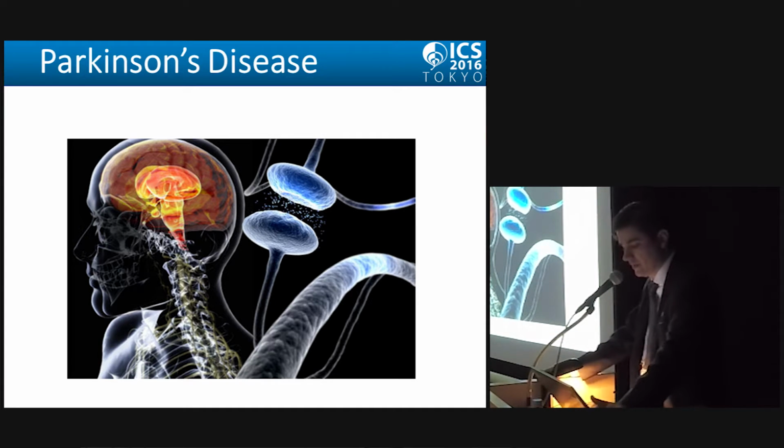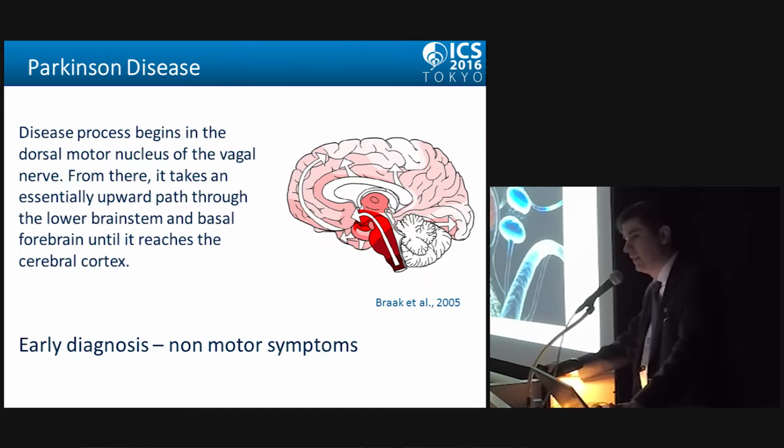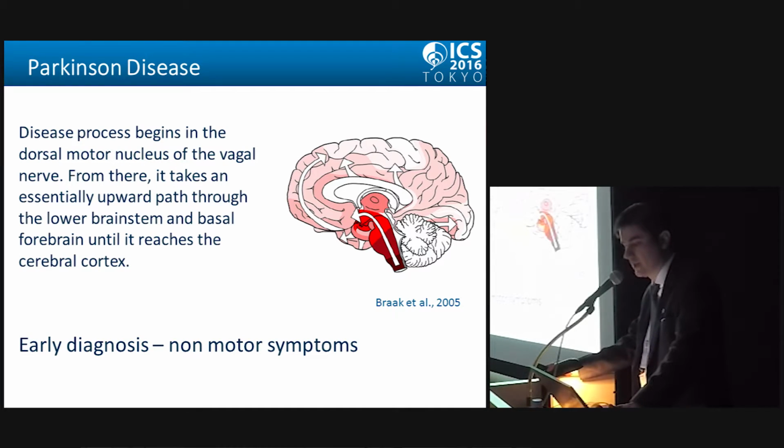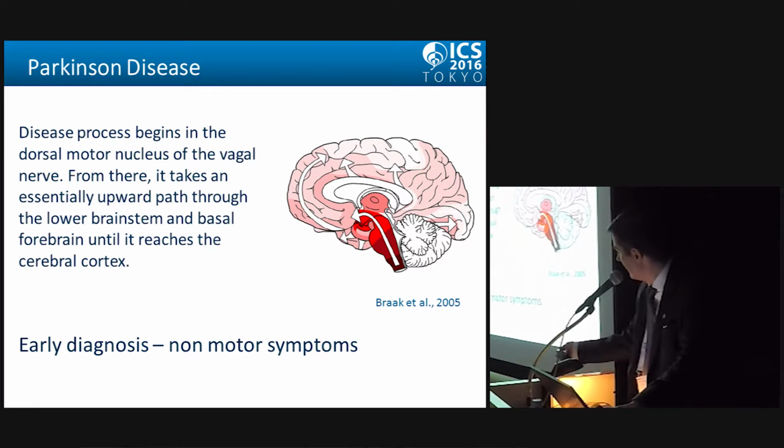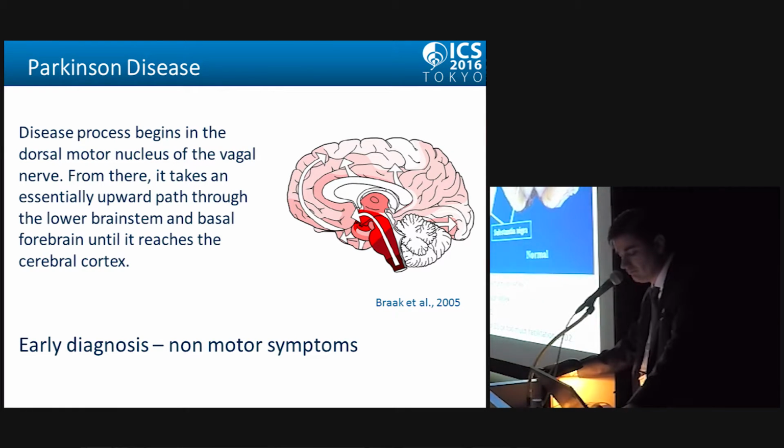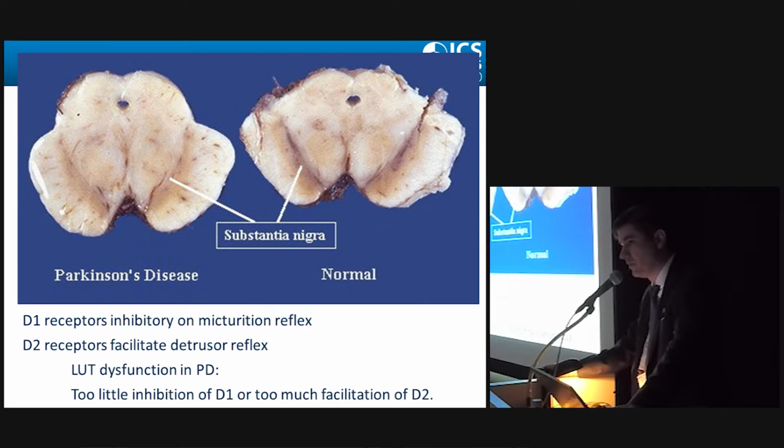Let's go forward. Parkinson's disease could be brought up as another example of a suprapontine lesion. At an early diagnosis, the non-motor symptoms would be predominant. And the pathophysiology behind the lower urinary tract dysfunction in these patients may be related to problems in D1 and D2 receptors.